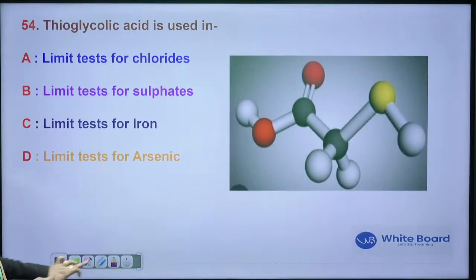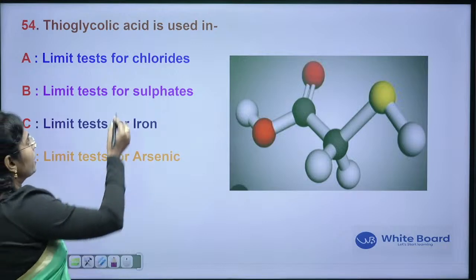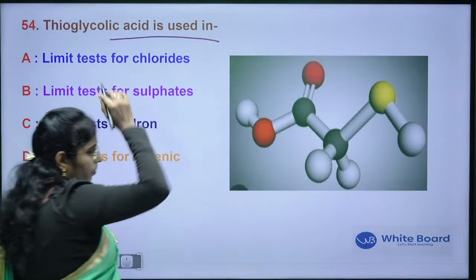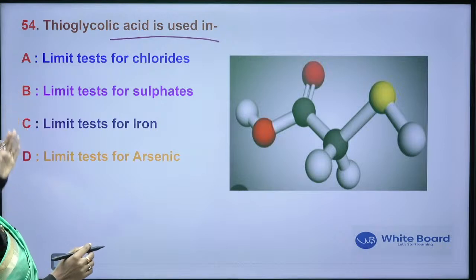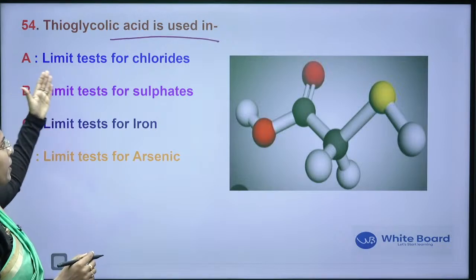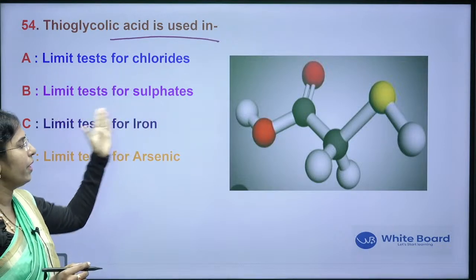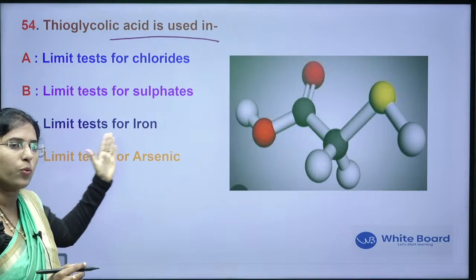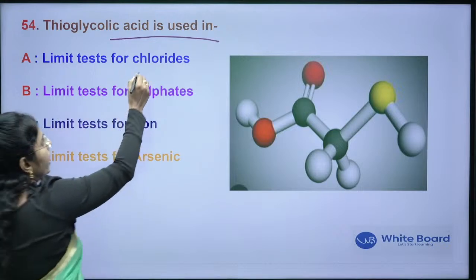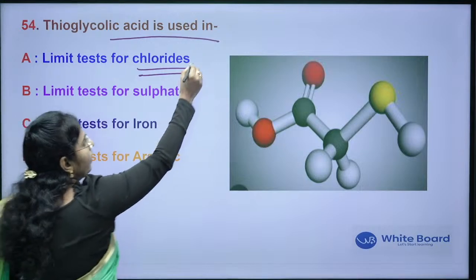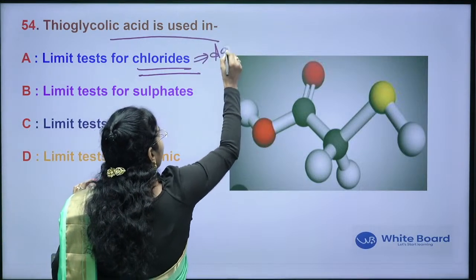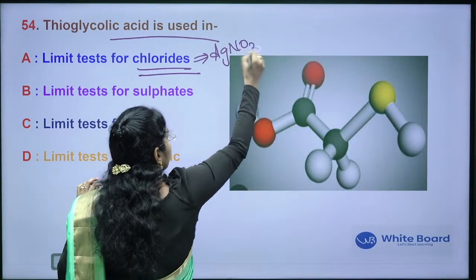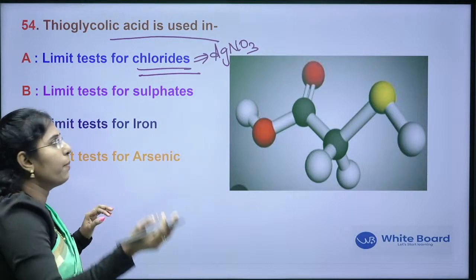Right. So, next question, thioglycolic acid is used in. Here they have given 4 limit tests: limit test for chlorides, limit test for sulfates, limit test for iron and limit test for arsenic. In case of chlorides, generally we use silver nitrate as a reagent for reacting with the chloride impurities.